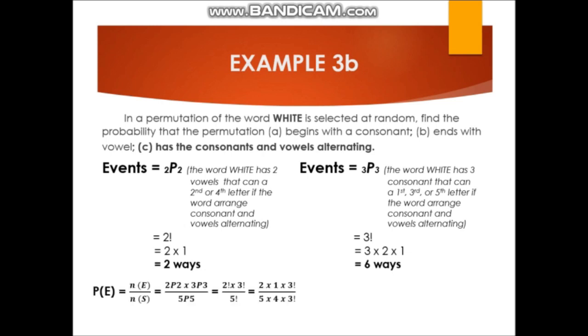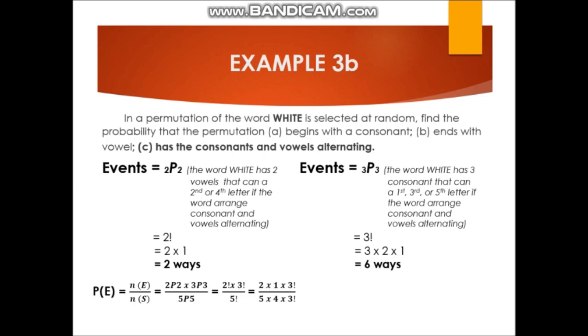We have here 2P2 times 3P3 divided by 5P5. That is just simply 2 factorial times 3 factorial divided by 5 factorial. So our numerator 2 factorial is equivalent to 2 times 1 and 3 factorial, divided by 5 factorial or just simply 5 times 4 times 3 factorial.